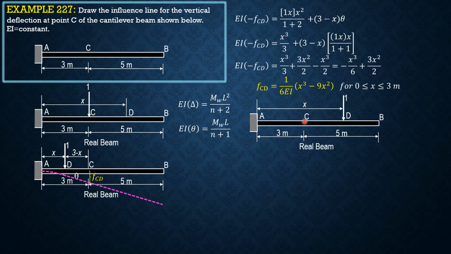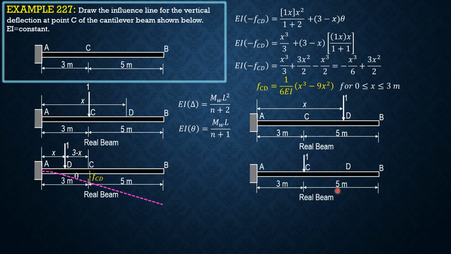We had one downward and one upward at C. So one upward at C and this downward unit load will constitute a couple. So we now have unit load downward and a couple which is 1 times x minus 3. So this distance is x minus 3. So we have one downward and a couple which is 1 times x minus 3.